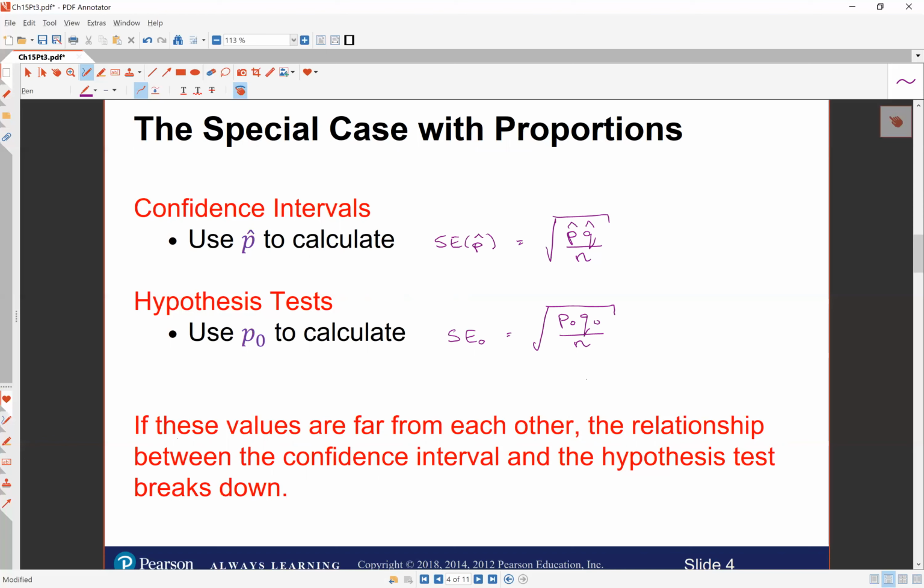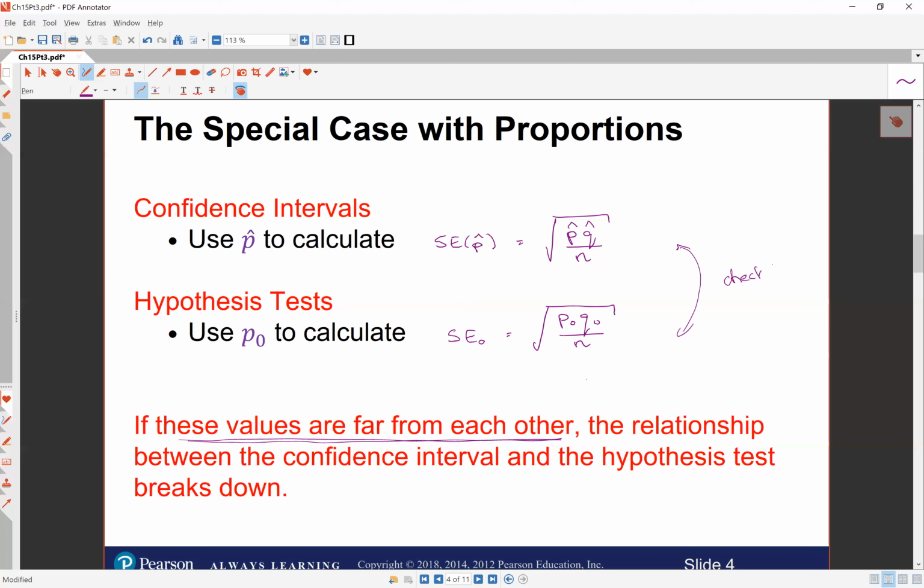And if these estimated standard errors are far away from one another, then we create the possibility that the confidence interval and the hypothesis test will not be consistent, in that they may give us differing results. So keep that in mind. If you're implementing a procedure and you're doing both an interval and a test, a good thing to do is to just do a check.